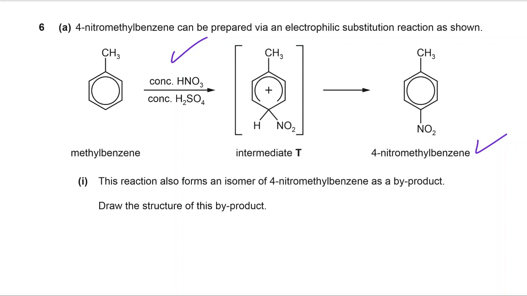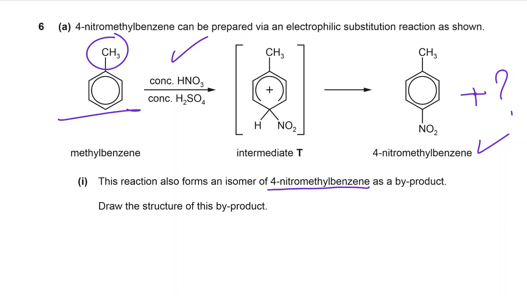Okay, now at the end of the chapter of benzene compounds, we have the direction of this substitution if we are going to have a second substituent. So methyl group always is directing the second substituent to the position of 2, 4, and 6.